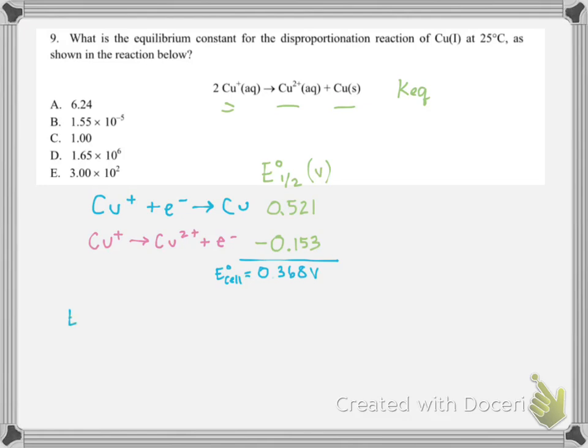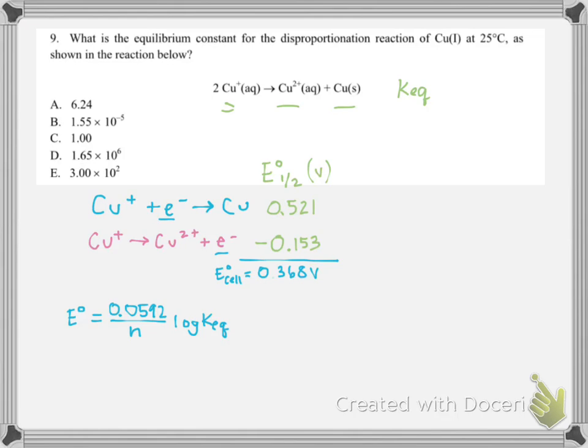So we have E naught equal to 0.0592 over N times the log of K. Okay, where N is the number of electrons, and so in the equations above, you can see it's just 1 electron, which makes the math easier.